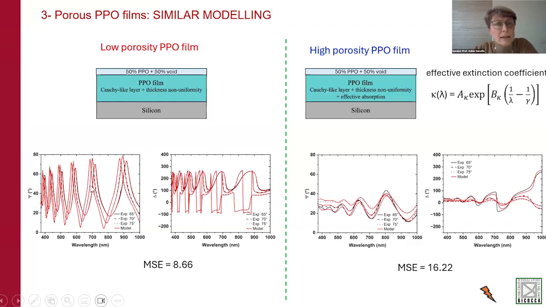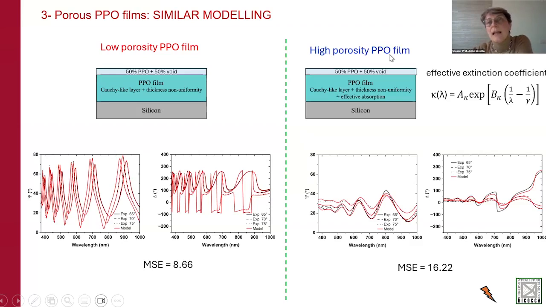Here we could get a rather good fit using, again, the same substrate plus Cauchy-like layer and non-uniformity, which has to be taken into account for modeling depolarization, plus some surface layer mimicking roughness. So we got a rather good result in terms of errors and fitting.